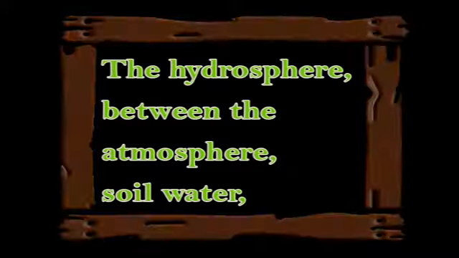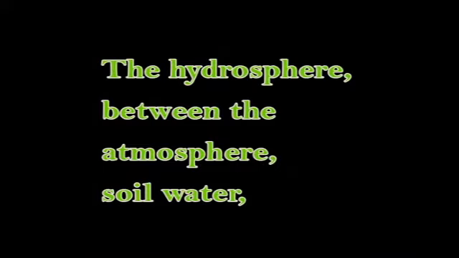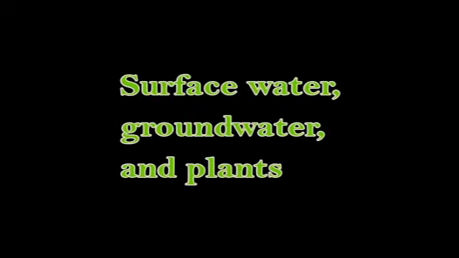Water cycle. The water cycle, known scientifically as the hydrological cycle, refers to the continuous exchange of water within the hydrosphere, between the atmosphere, soil water, surface water, groundwater and plants.